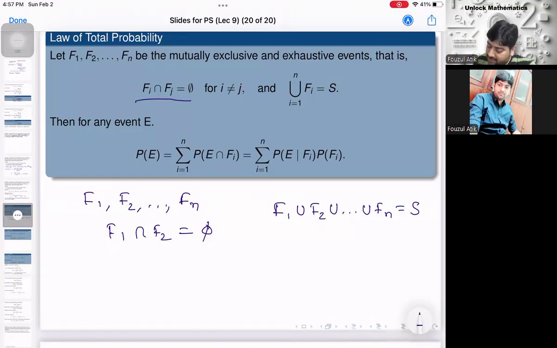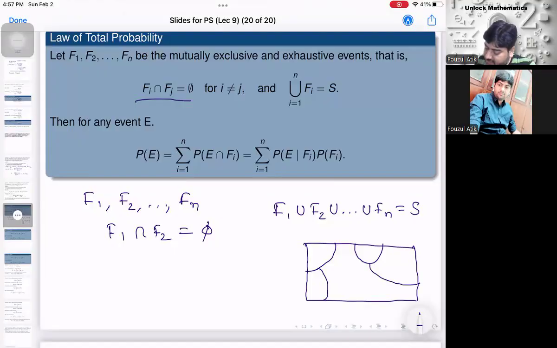So basically, suppose this is the sample space, and you have some events like this: F1, F2, maybe F3, and somewhere here a big event F4, like this.